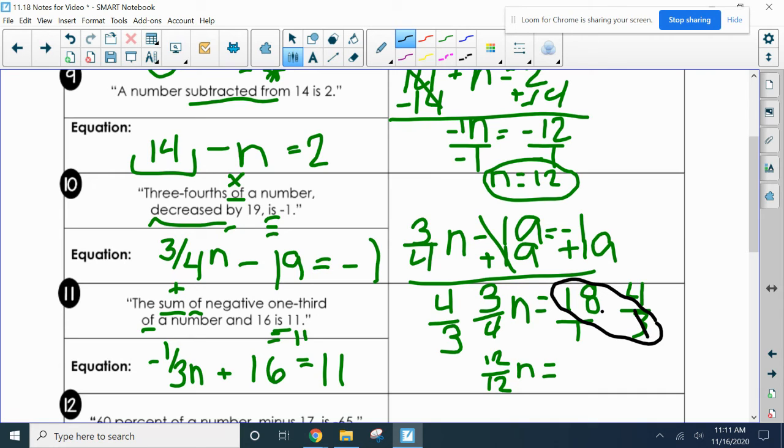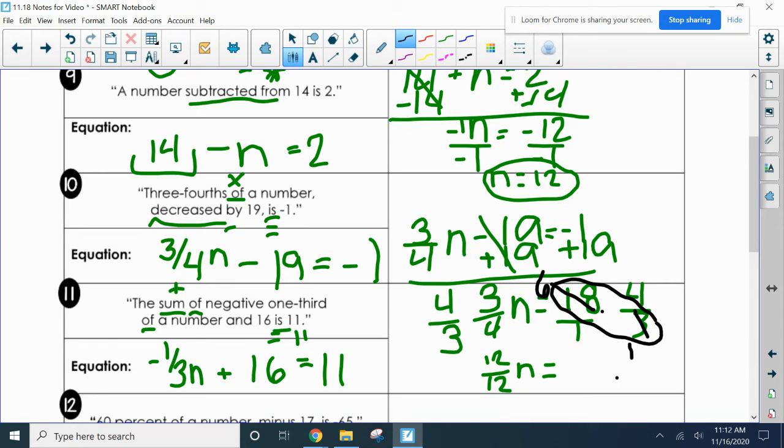So I know to get 3, I had to multiply 3 times 1. So 3 divided by that factor of 3 is 1. 18 divided by that factor of 3 is 6. So now I really have 6 over 1 times 4 over 1.